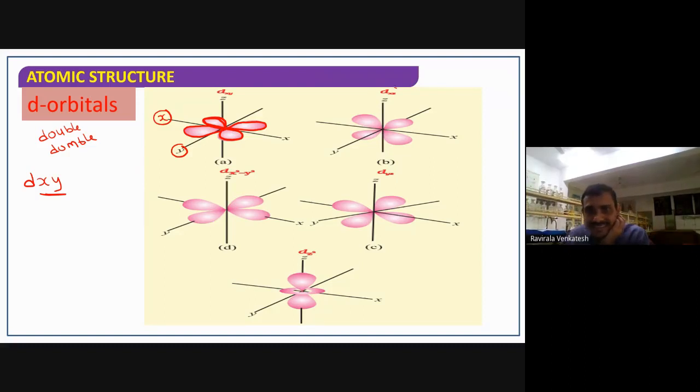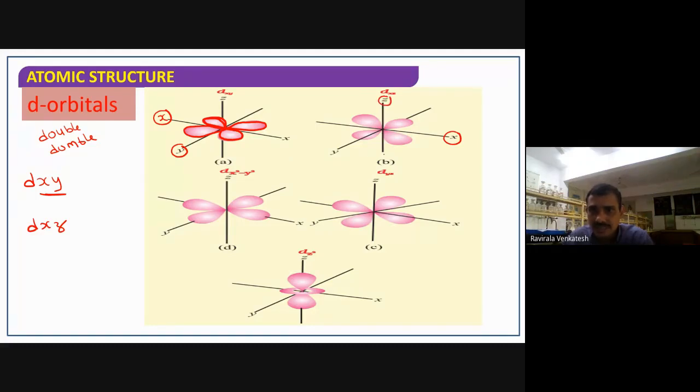Next I will move to dxz. Now, how to draw dxz? Select the x orbital. This is the x orbital. Now select the z orbital. This is the z orbital.